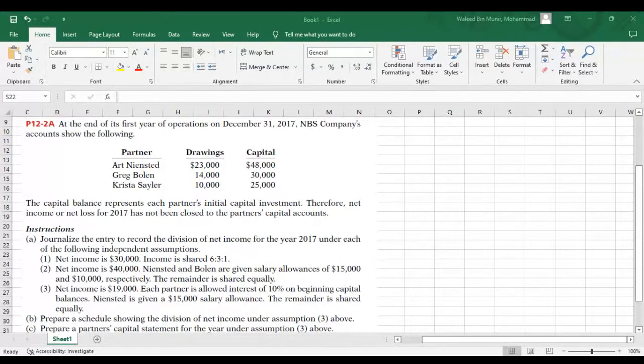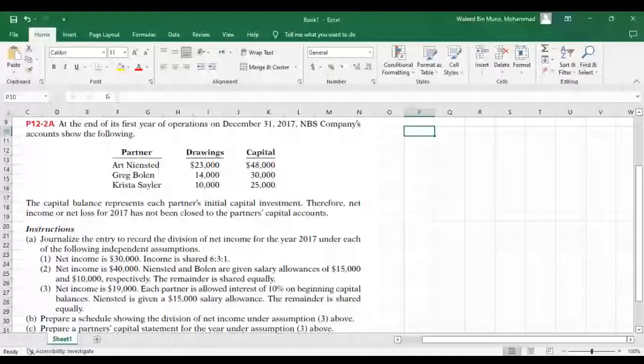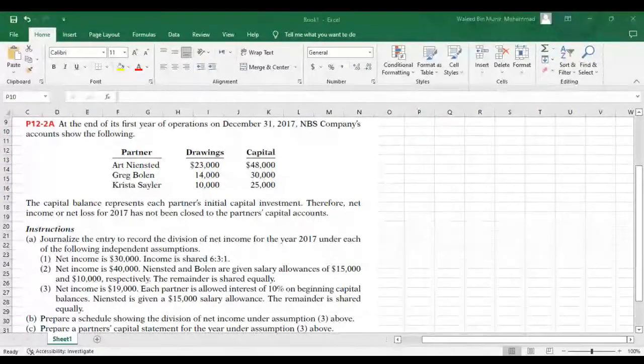Therefore, net income or net loss for 2017 has not been closed to the partners' capital accounts. So what is given, we are going to write it down.